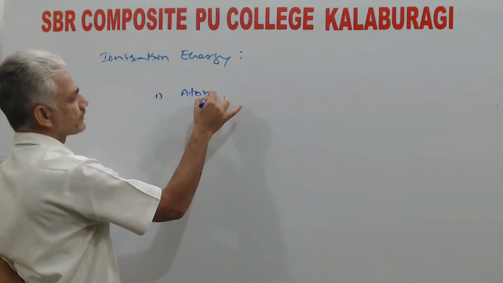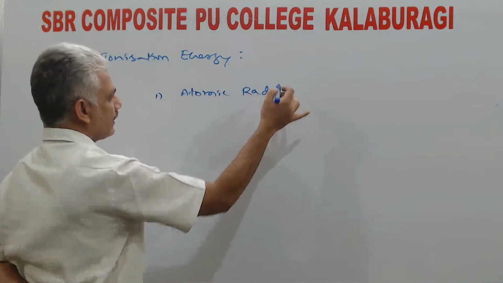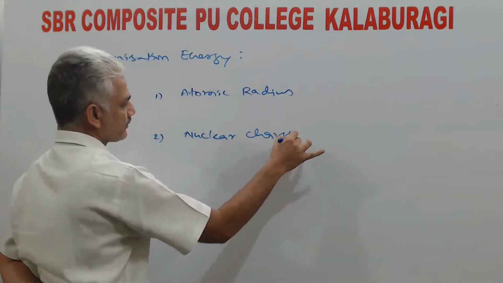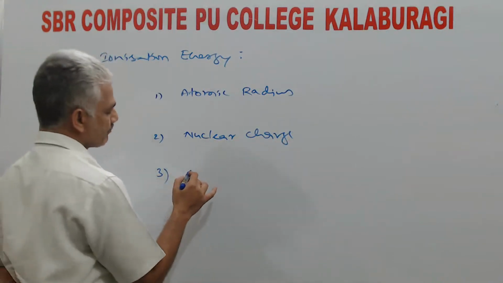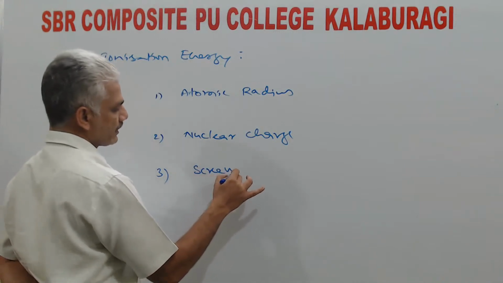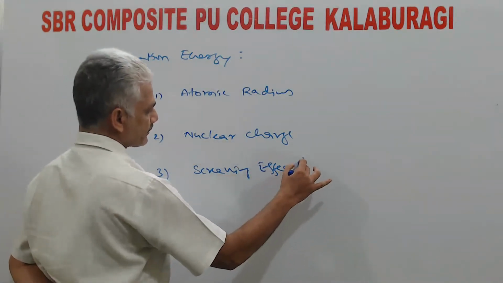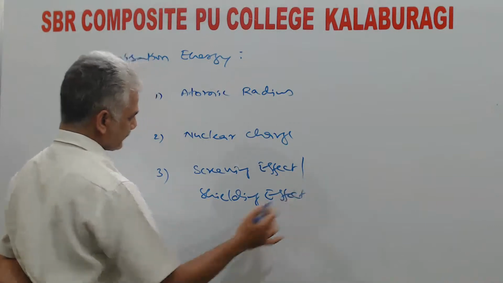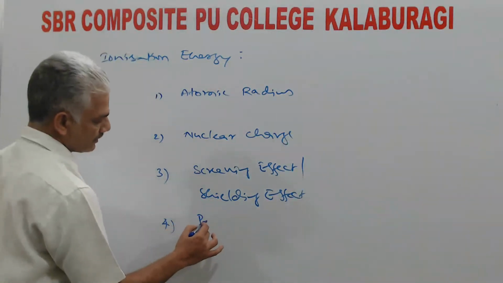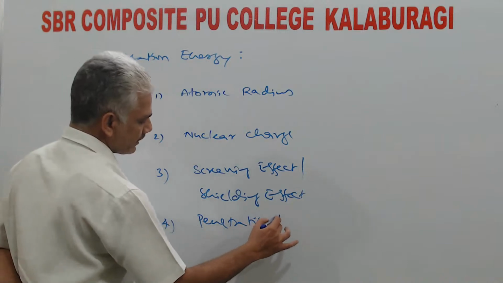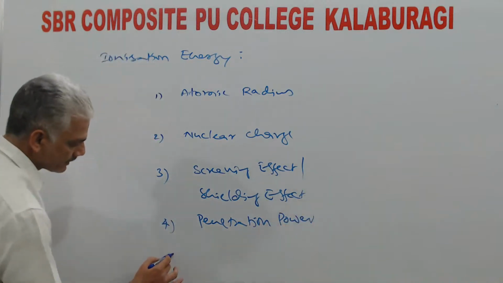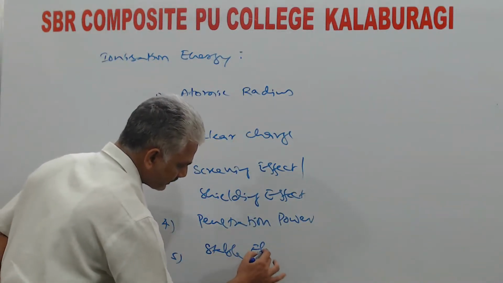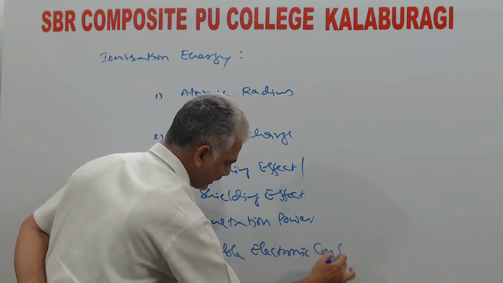They are atomic radius, nuclear charge, screening effect, also known as shielding effect, penetration power, and stable electronic configuration.